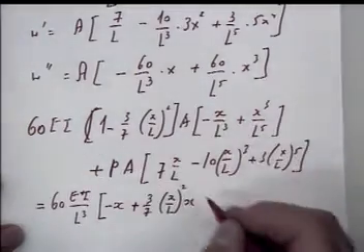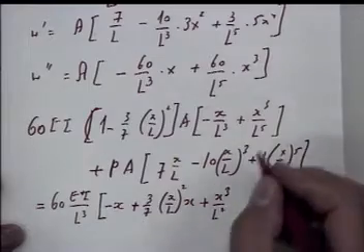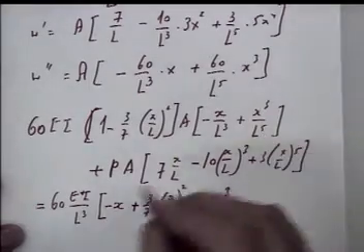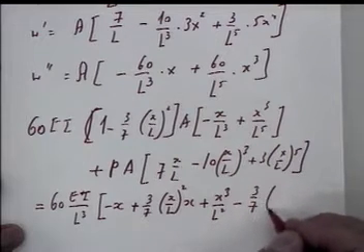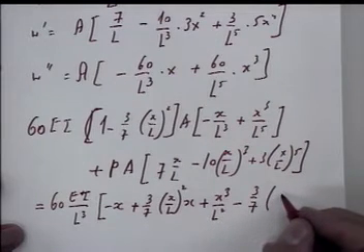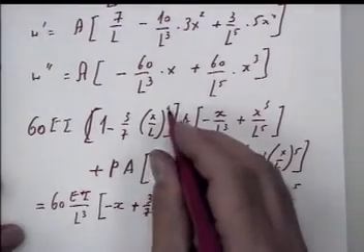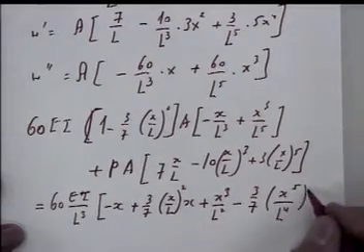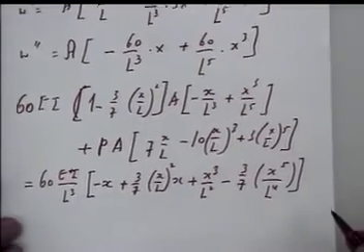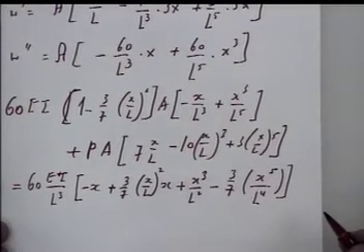Now I'm multiplying this one, plus x cubed L squared, because I took L cubed. And now here will be minus 3/7 x cubed, so will be x in fifth power. There is L squared and there is L squared, so L in fourth power. Do you agree with this?